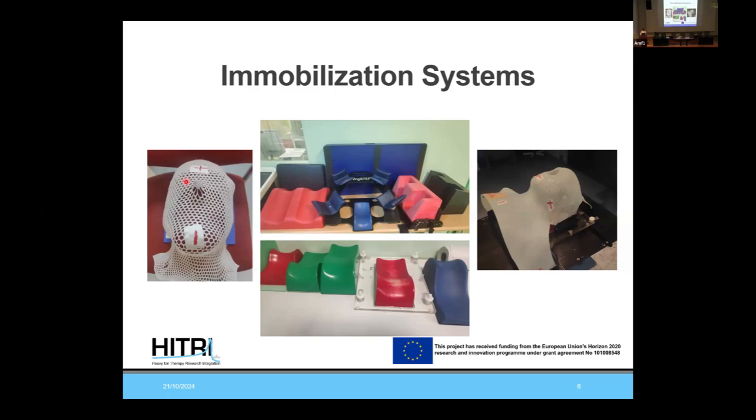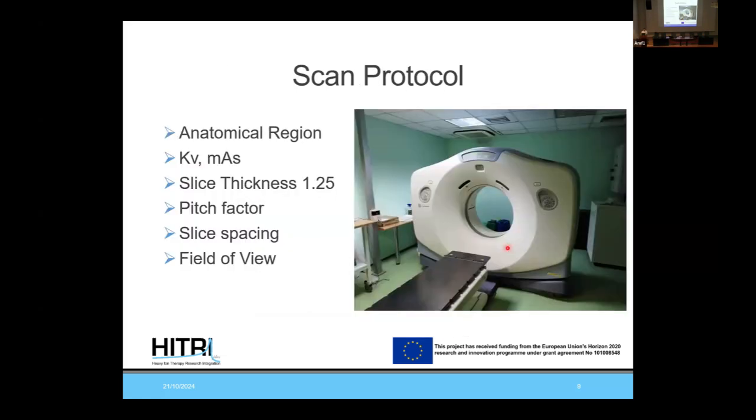In cases of the head, we have the small thermoplastic mask. And for cases of head and neck cancers, we are using the long mask. The difference is that here we have the shoulders inside, here we do not. It's very important so that we can keep the shoulders still, to calculate with more precision. Good, okay.